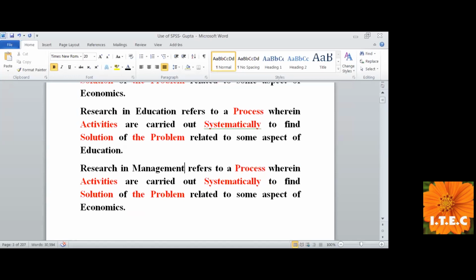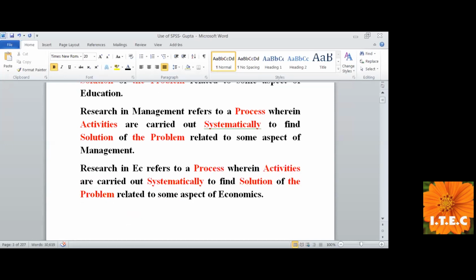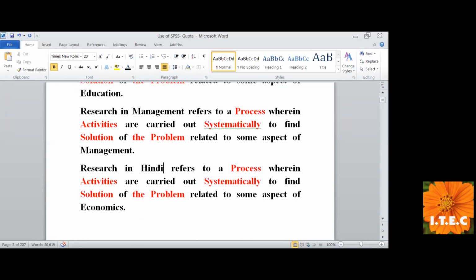Research in management refers to a process wherein activities are carried out systematically to find solution of the problem related to some aspect of management. If you want Hindi, so research in Hindi refers to a process wherein activities are carried out systematically to find solution of the problem related to some aspect of Hindi.